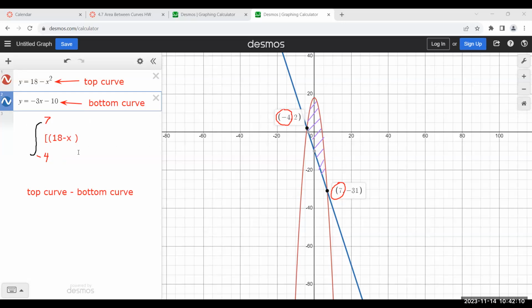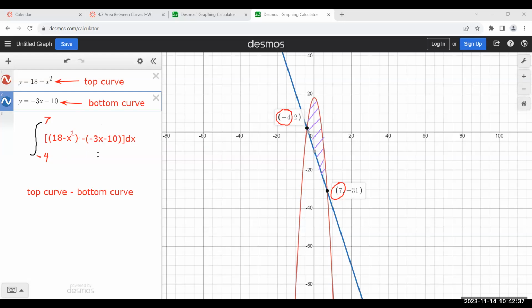So we have 18 minus x squared, that's a square. And then we'll have minus our bottom curve, so minus the -3x minus 10. Close our bracket and then dx, and that's going to be our answer.